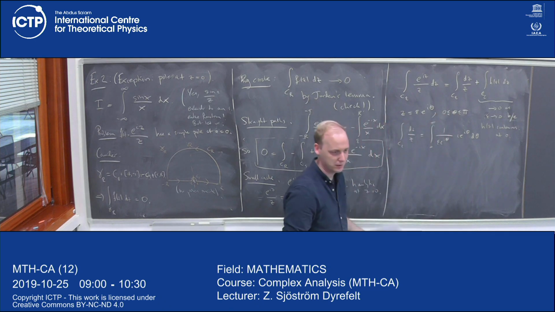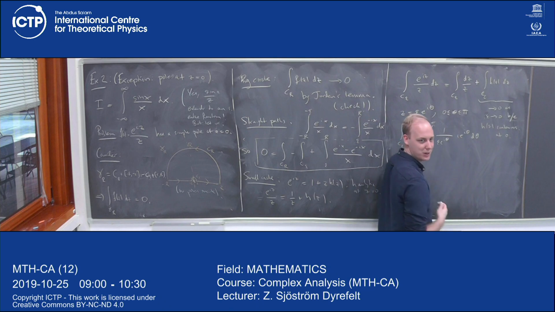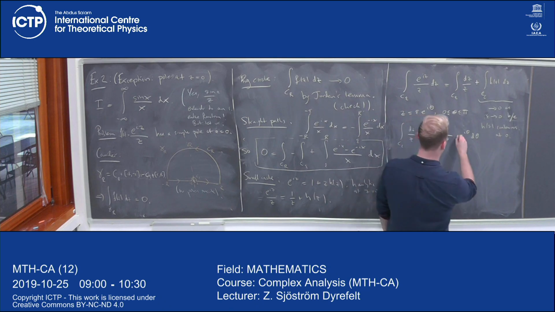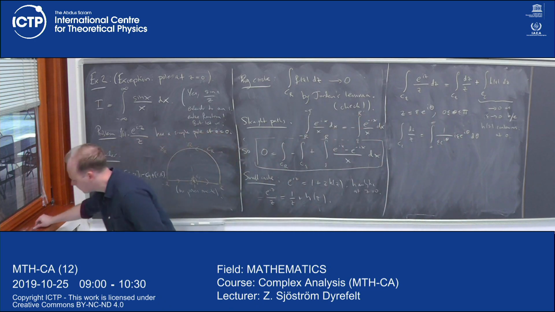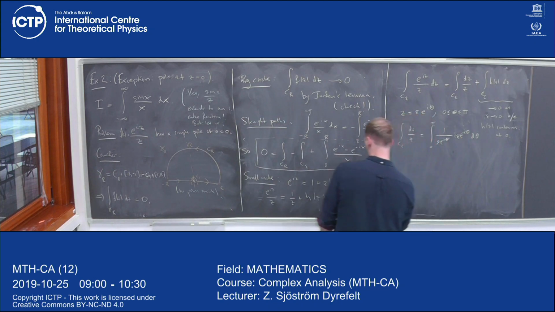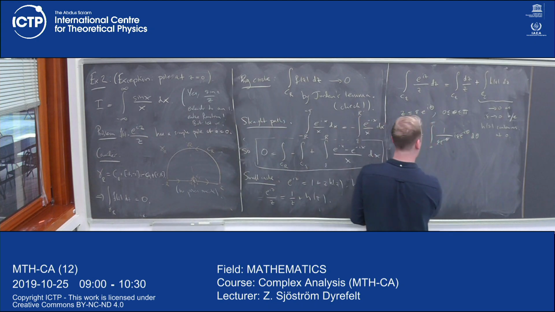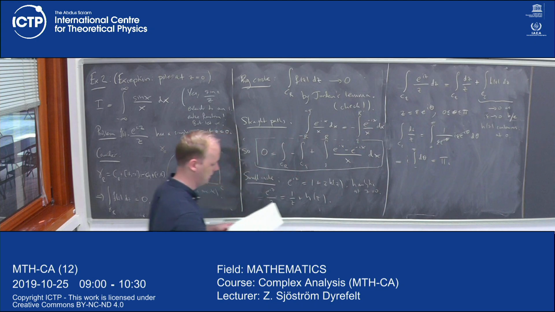Now we go back to the first definition again that we had. This is the first thing I taught you about integration. Epsilon. Thank you. And these cancel, of course. So this is equal to i times the integral from 0 to pi of d theta, which is equal to pi times i.